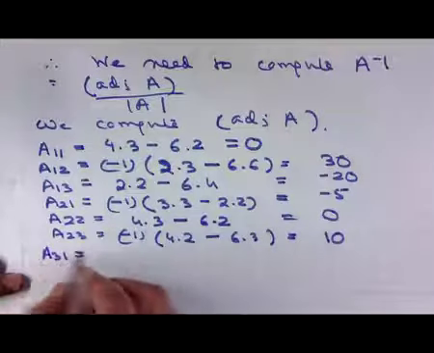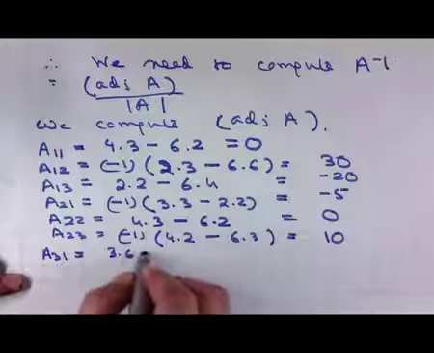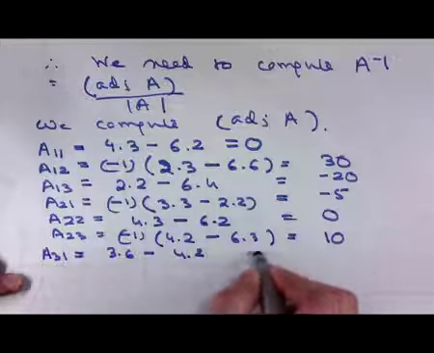A31 is equal to 3 into 6 minus 4 into 2, which is plus 10.